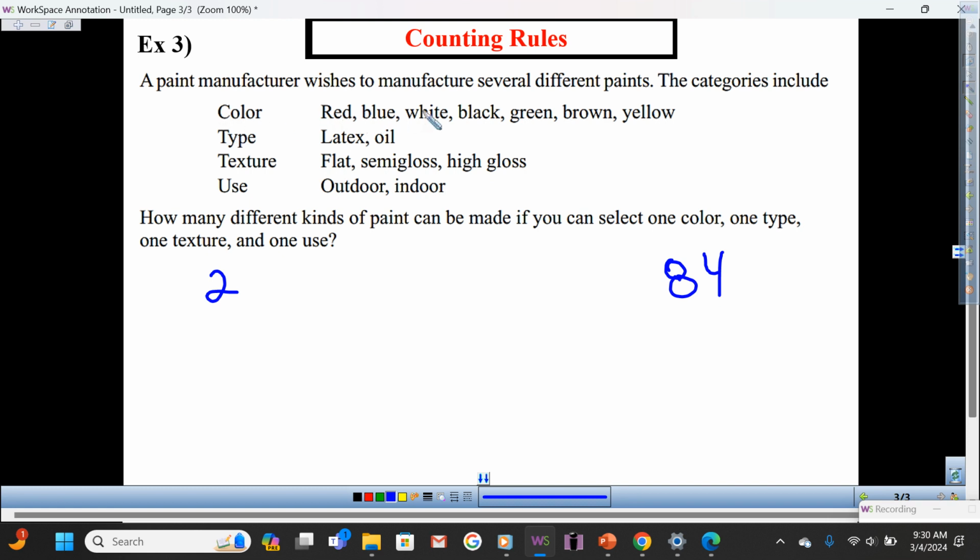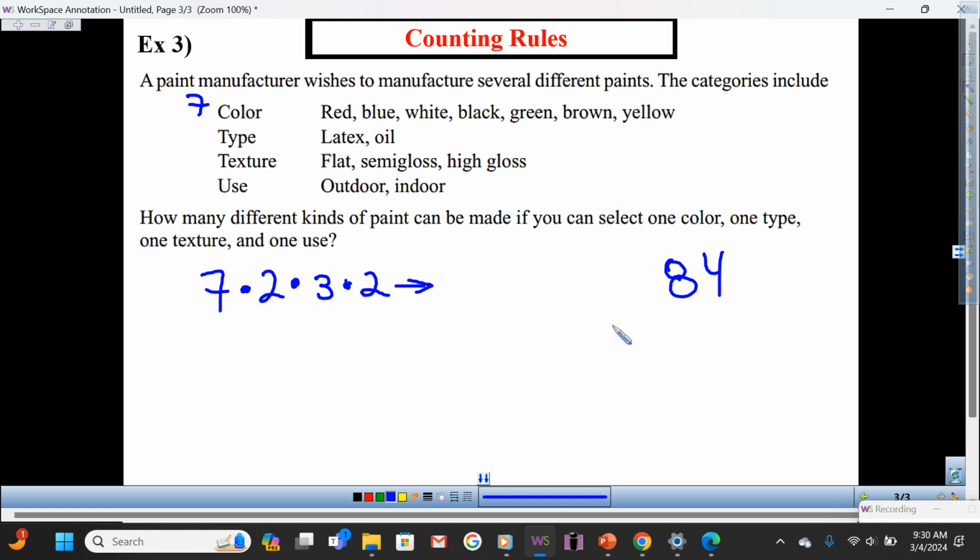But how many different options do we have? Very good. 7. So 7 colors. What else? And that's 84. All right, hands if you got that.